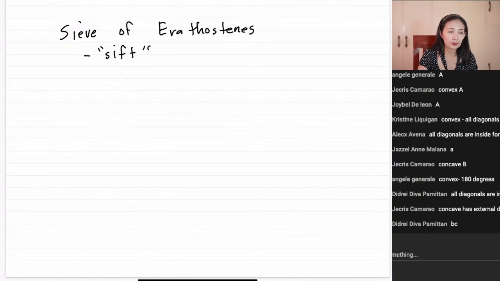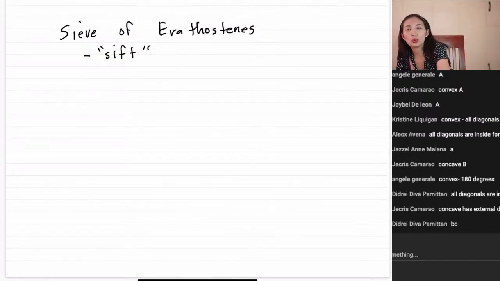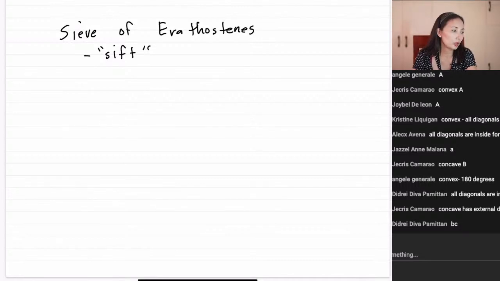How do we do that? To illustrate how to make use of the sieve of Eratosthenes in identifying prime numbers: you list down the numbers from 2 to, let's say, we would like to identify the prime numbers less than 50.